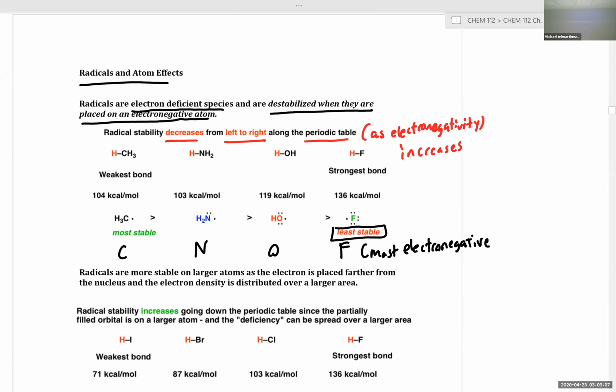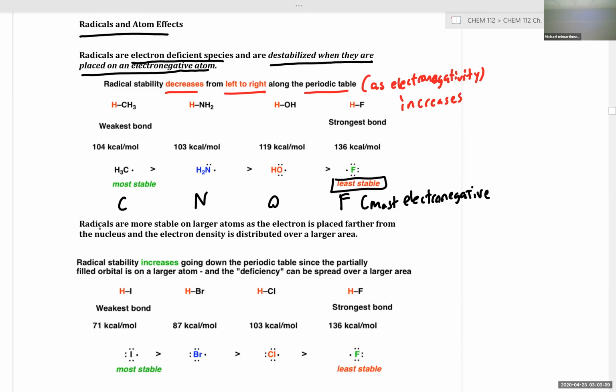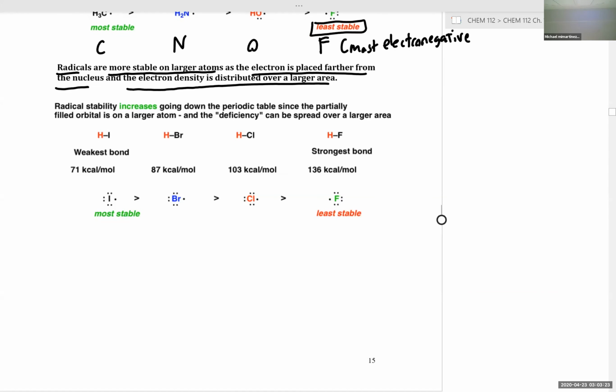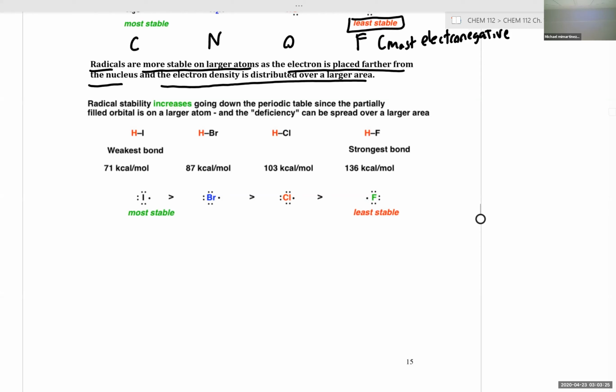Additionally, in terms of atom effects, radicals are more stable on larger atoms as the electron is placed farther from the nucleus and the electron density is distributed over a larger area. This is the exact same type of atom effect that we observed when we discussed anion stability.